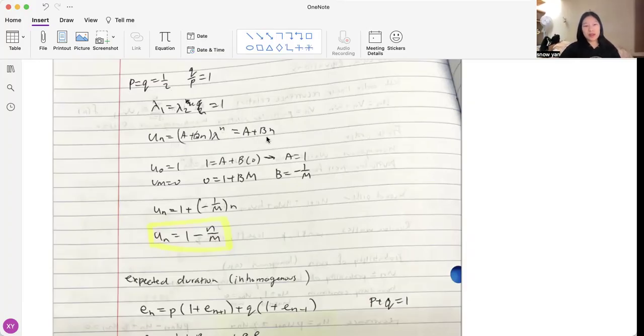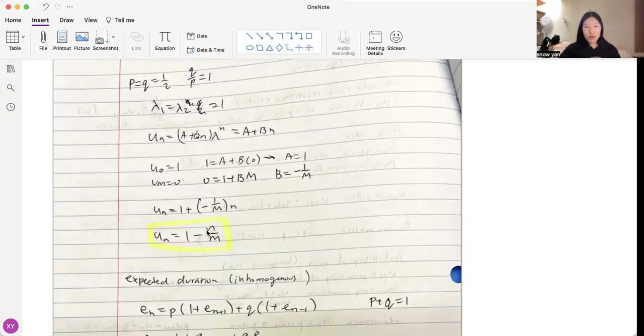When u_0 is equal to 1, we get that A is equal to 1. And when u_M is equal to 0, from our boundary conditions, B is equal to minus 1 divided by M. Plugging these A and B values back into A plus Bn, we get that u_n is equal to 1 minus n divided by M.